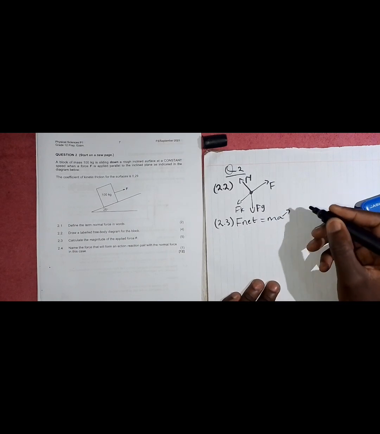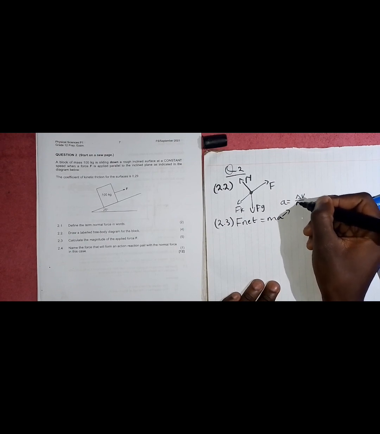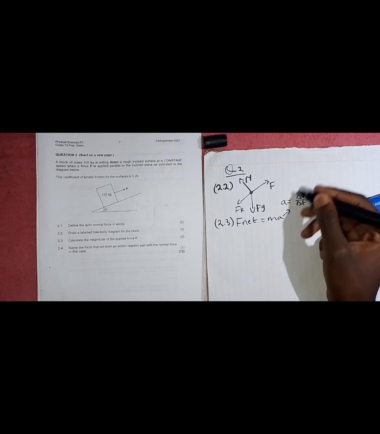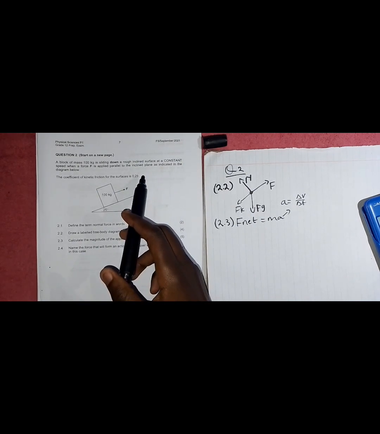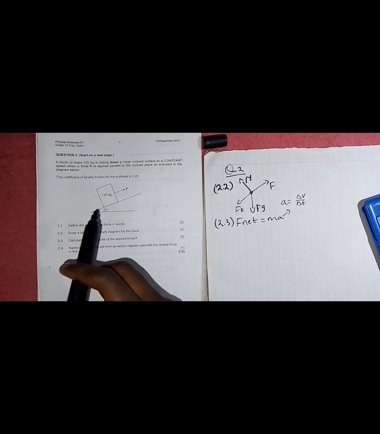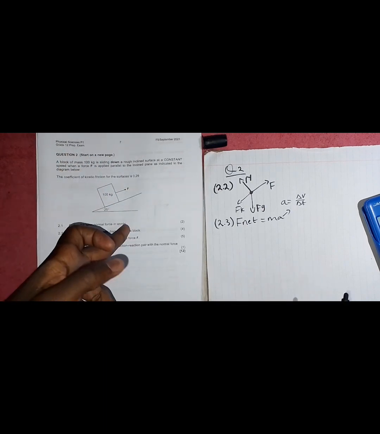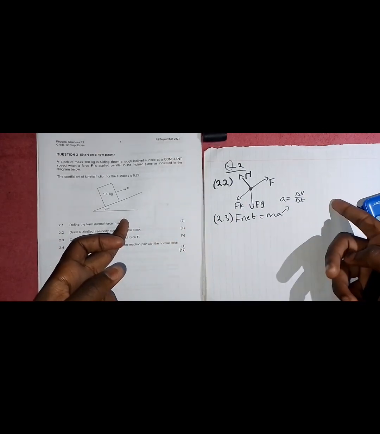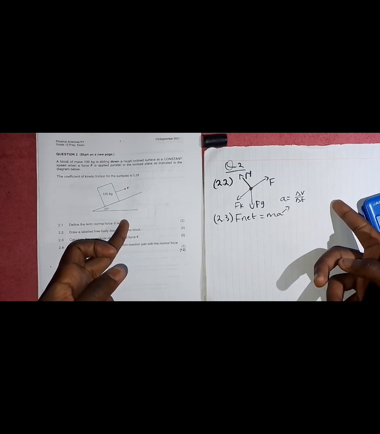And then you must bear in mind that acceleration is equal to change in v over change in t. We were told that this block is moving at a constant speed. It means if it has started with 5 meters per second, it is going to be 5 meters per second at the end, or our v final is going to be 5 meters per second.